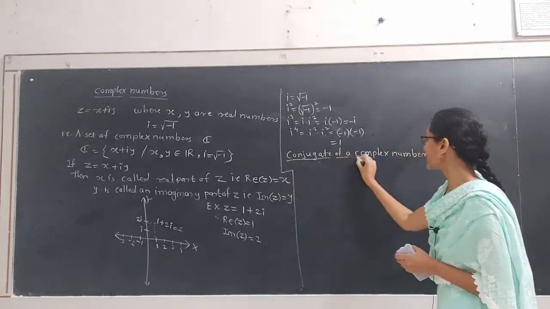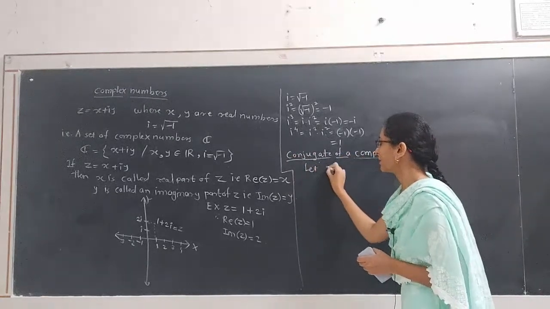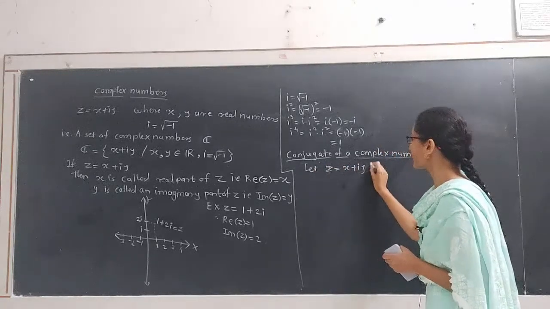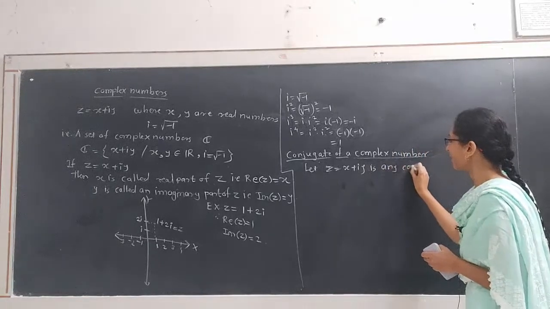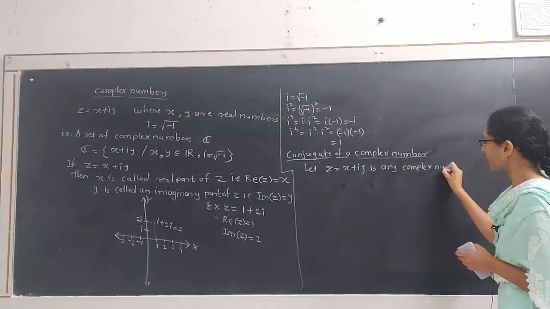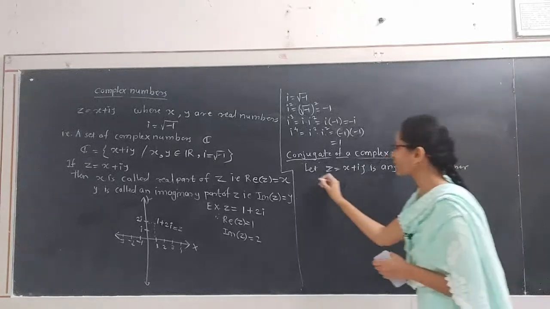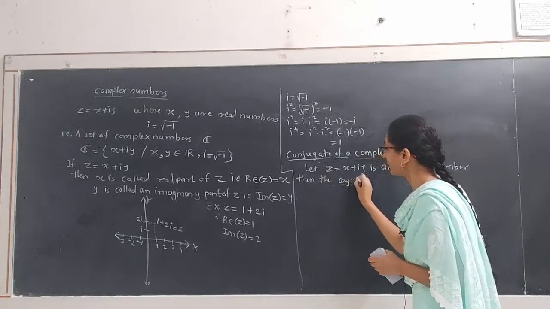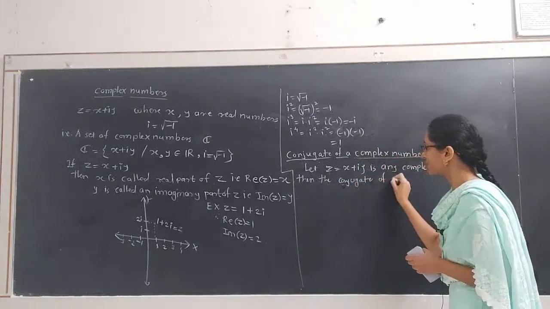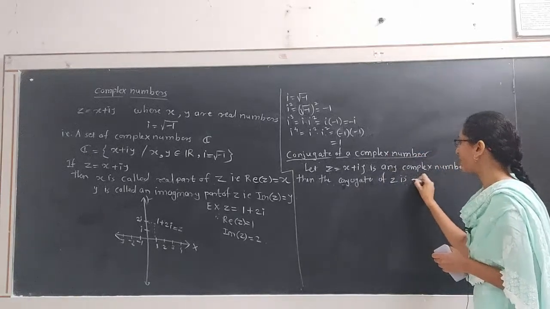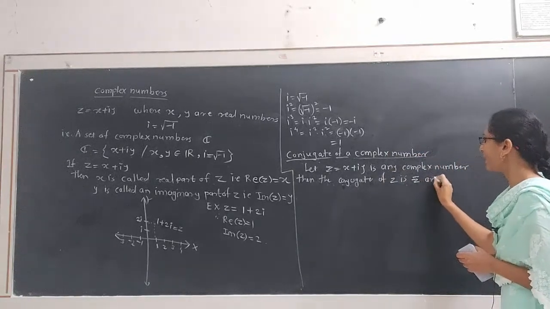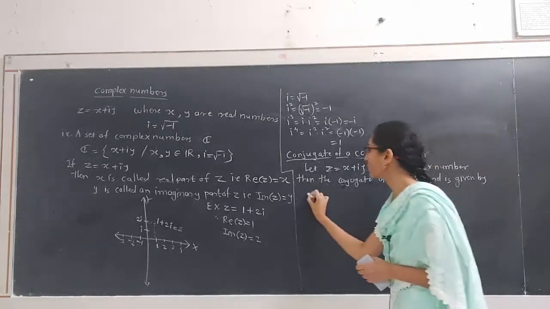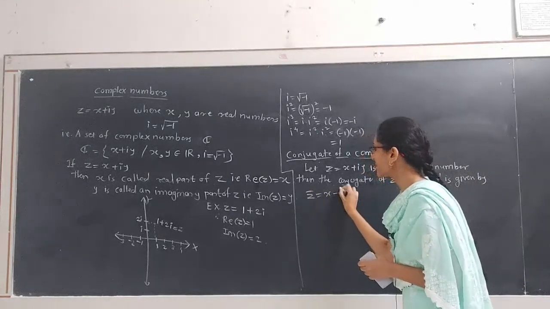If we have a complex number z, let z is equal to x plus iy be any complex number, then the conjugate of z is represented by z bar and is given by z bar is equal to x minus iy.